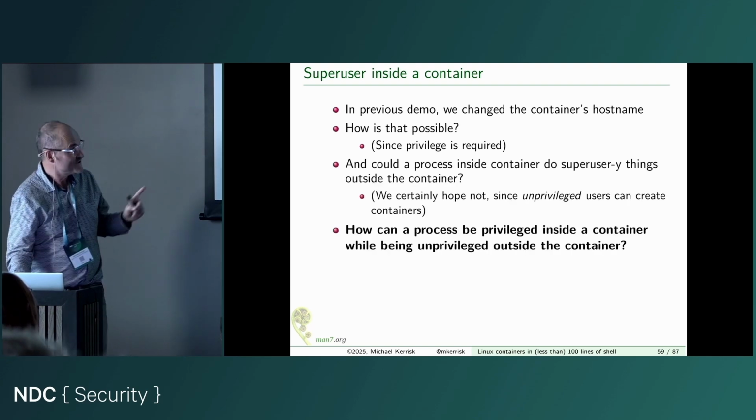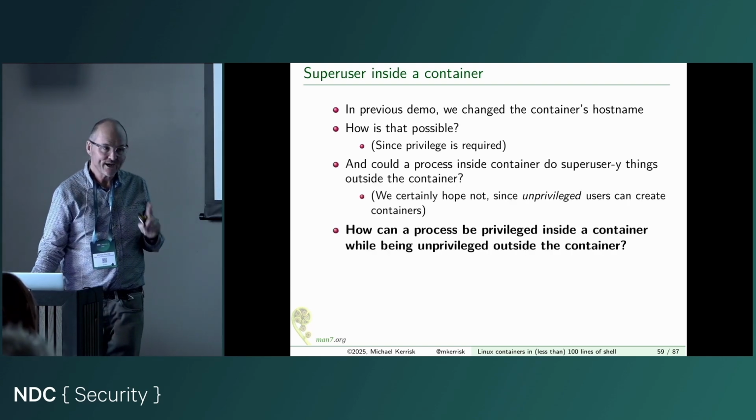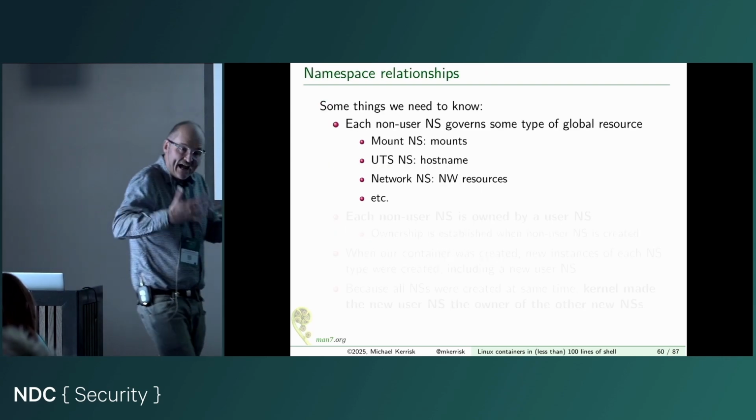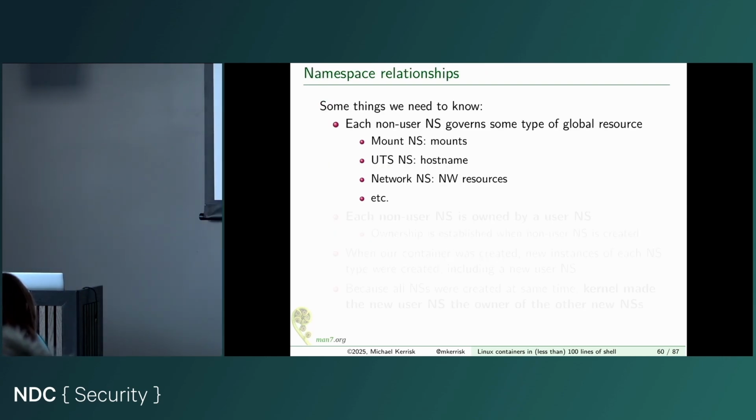The question is, how do I get to be superuser inside the container? And how does being superuser work, even as a concept inside the container? And the point here is it's all about namespaces and the relationship between user namespaces and non-user namespaces. Every non-user namespace is owned by some particular user namespace.